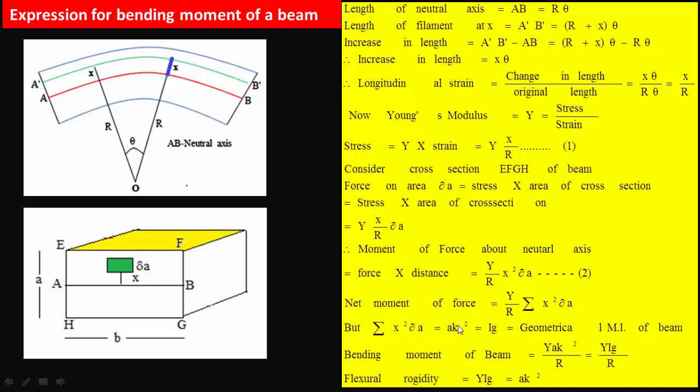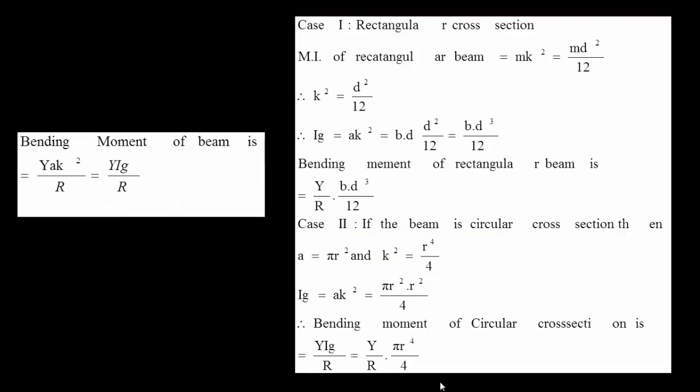So k is nothing but the radius of gyration, which we have used in moment of inertia. Therefore, the bending moment of the beam is equal to y A k square by r, that is equal to y Iz by r, using equation 2. And this term y Iz or A k square is called the flexural rigidity of the material of the beam.